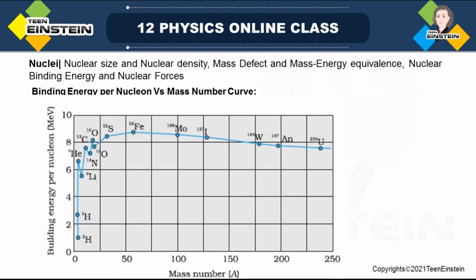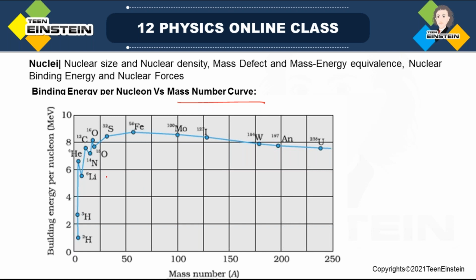Now if we plot the binding energy per nucleon with mass number, then you will get this peculiar curve. We have to understand what this curve means and what the values for various nuclei mean.